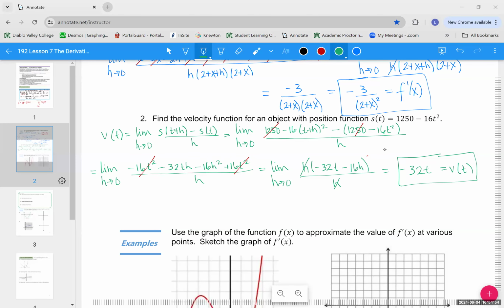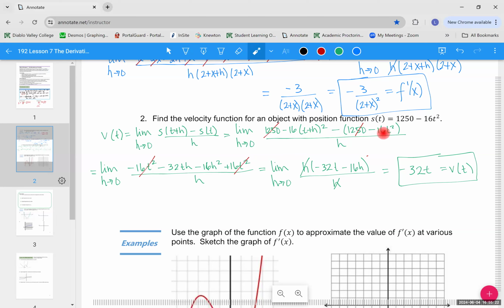All right, so I have applied my limit to the position function, which should give me velocity. I plug the t plus h in first here. Then I subtract and just take s of t, which is here. And notice immediately my constants cancel. And then I'm going to multiply this all out here.